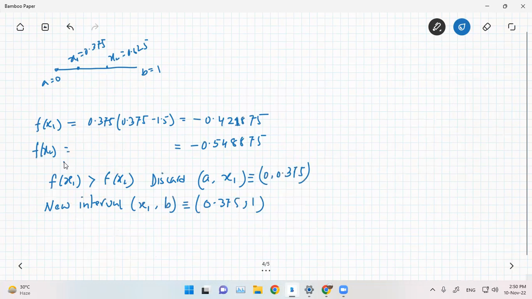And also, it's always better to show the values here. So this is higher, this is lower. So once we have the new interval, then we can also find out the L2, which is L0 minus L2 star, and 1 minus 0.375 will give us 0.625.